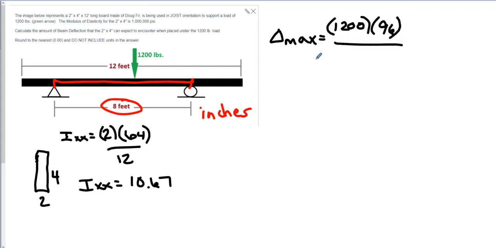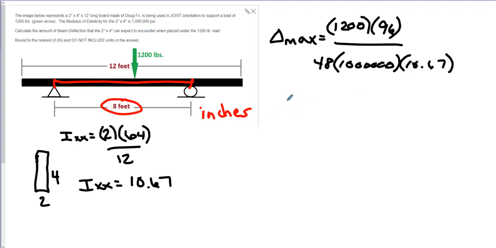Then you go down to 48 times the modulus of elasticity, 1 million, times the moment of inertia, which is 10.67.